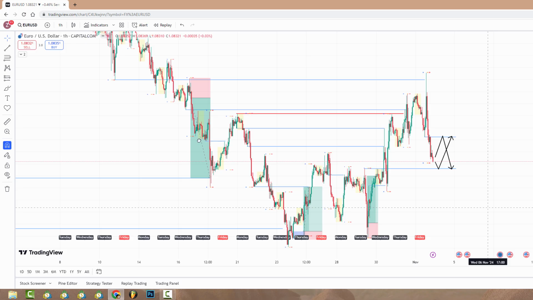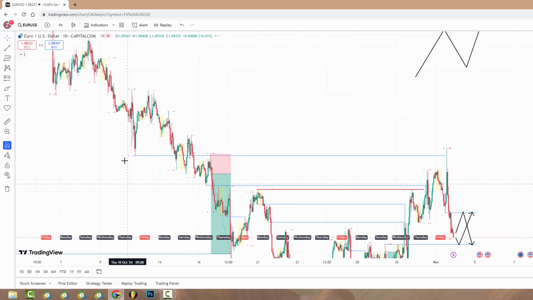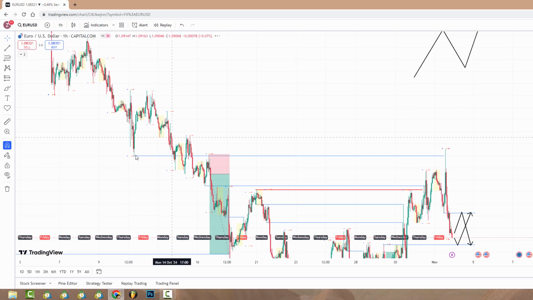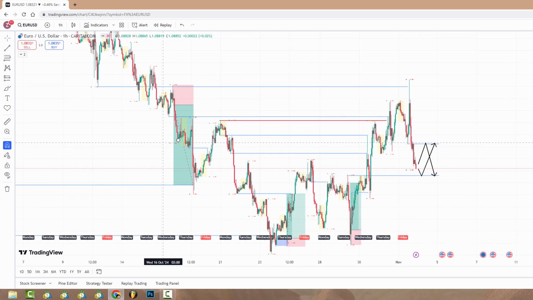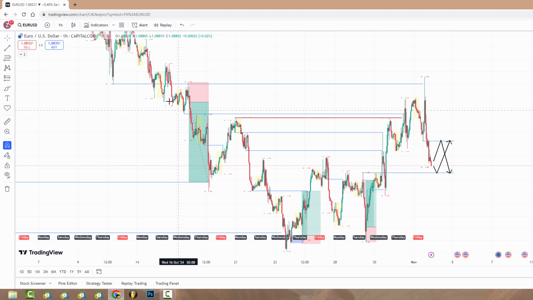You can see that we're going down. We're bearish. You have this efficiency right here, which price comes down, tags, and you look for a short. No questions asked, you look for it. And we also come to test this, that broke liquidity.